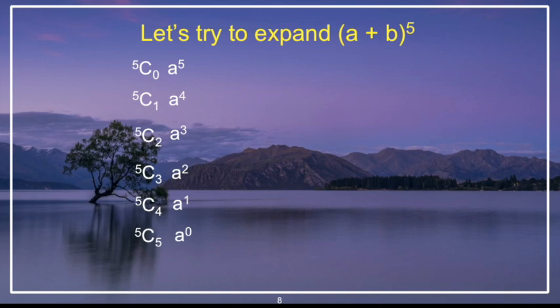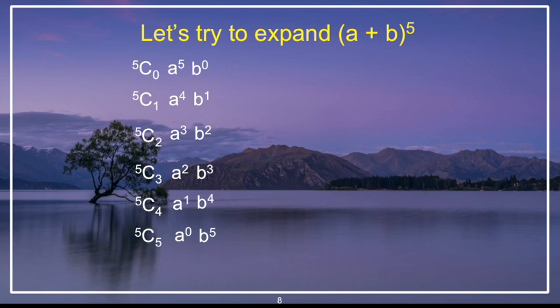So take note, since the index is 5, then we expect how many terms? 6 terms. Now, what about the powers of the second term, which is b? The powers will be increasing starting from 0. Always don't forget the b to the power of 0, or the 0th exponent.